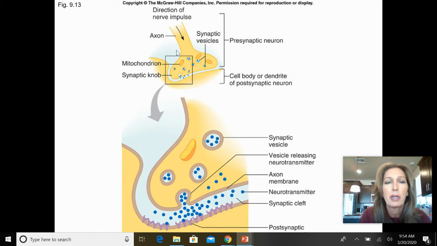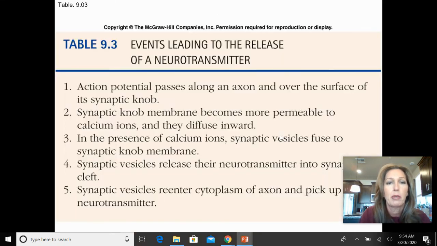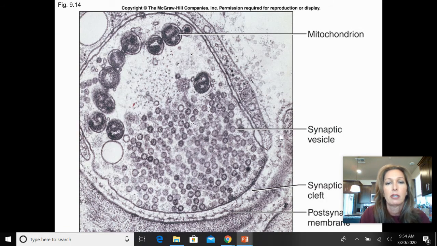So what you're seeing in this picture up here is the end of an axon that we call the presynaptic neuron, and then we see the beginning of the next dendrite for cell communication. And so with this, what it's showing you is how two neurons do communicate is via these chemicals called neurotransmitters.